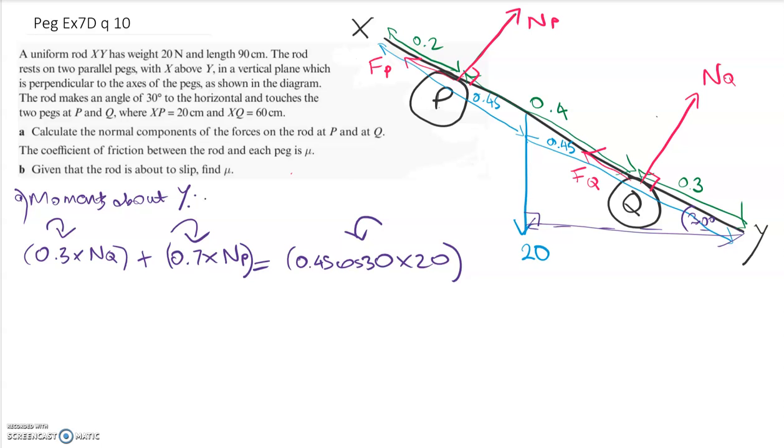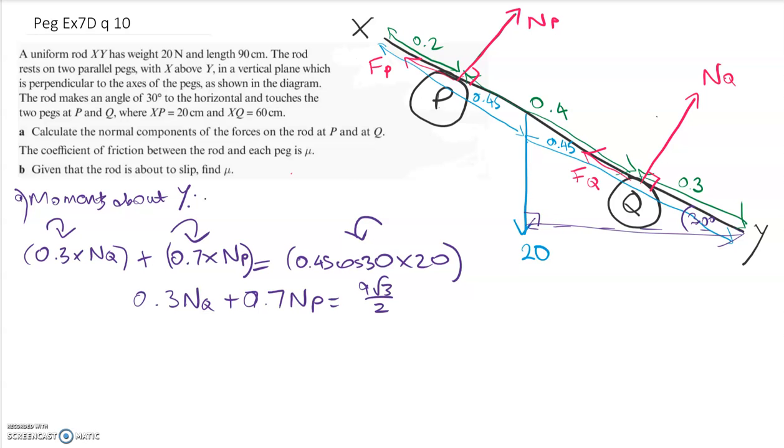Okay, so let's simplify this equation. If I know that 0.45 cos 30 times 20 is just 9 root 3 over 2, then I've got 0.3 NQ plus 0.7 NP equals 9 root 3 over 2.